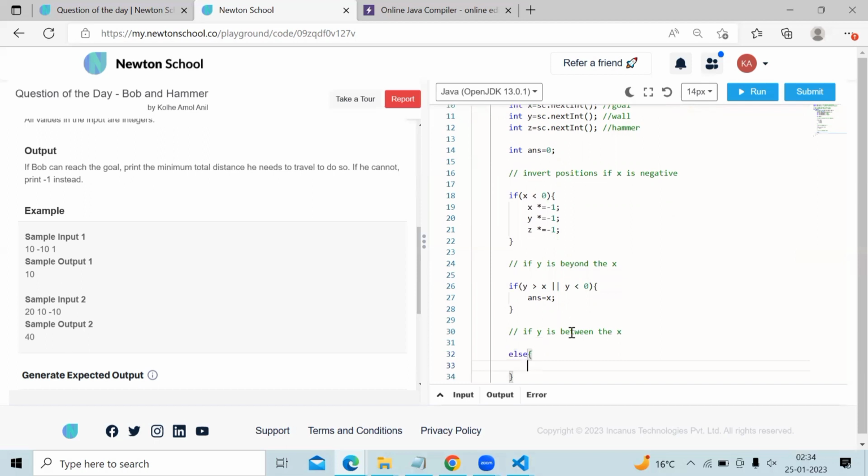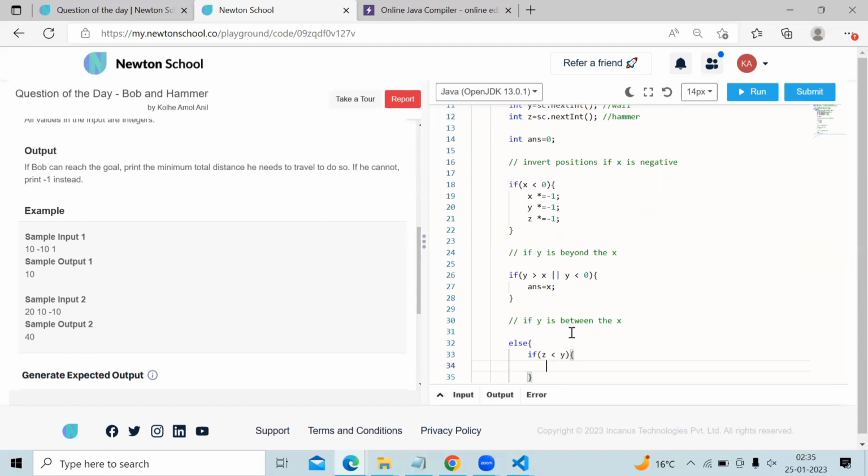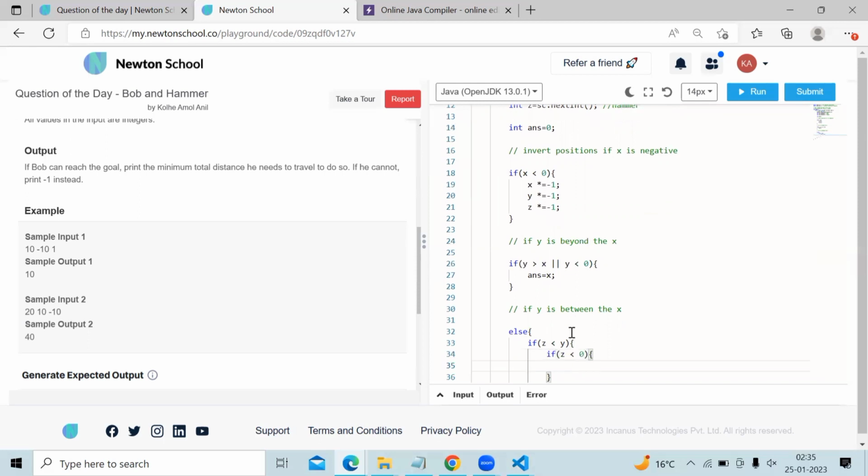Inside this else condition, I will write one condition, that is if z is less than y. Then inside this again I will write if z is less than 0.